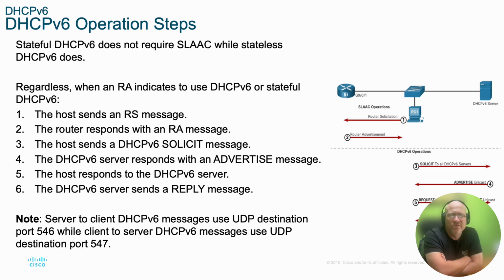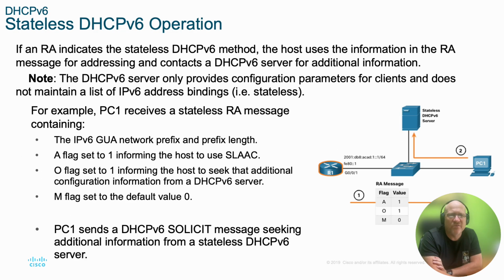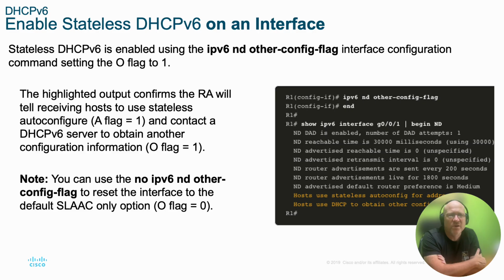It's working on UDP, on ports 546 and 547. And as long as you've set the flag correctly for what you want, whether it's an O or an M, where O is working with stateless and M is working with stateful, it will actually run the DHCP protocol quite comfortably.